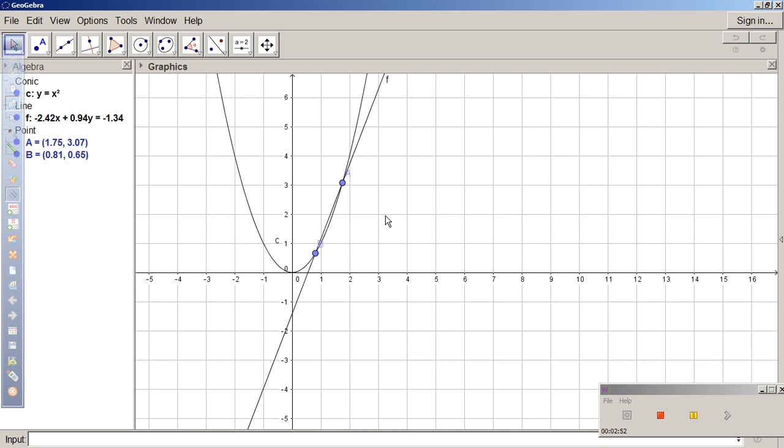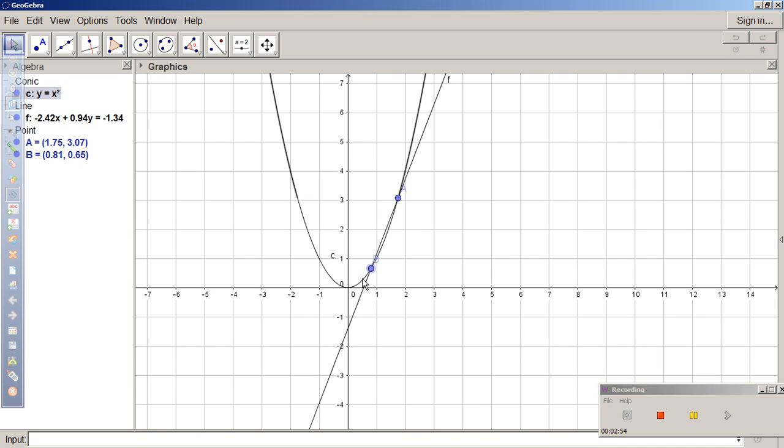Now, are these going to be the slopes of the tangent line at this point? So I use these two. What if I moved it a little closer? If I keep moving it closer and closer, it's getting closer to the actual thing, right? I could move it all the way until they were on top of each other, and I have my tangent line.